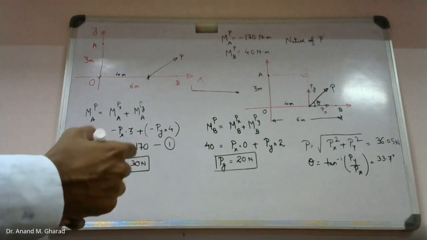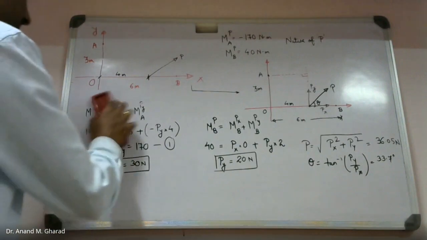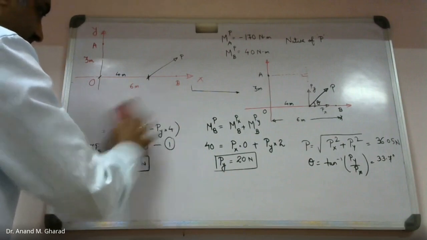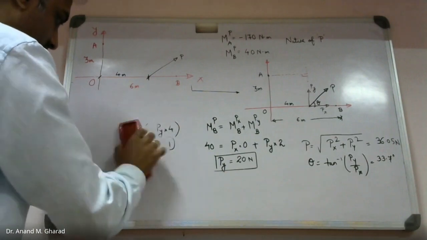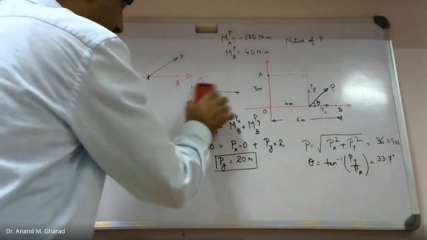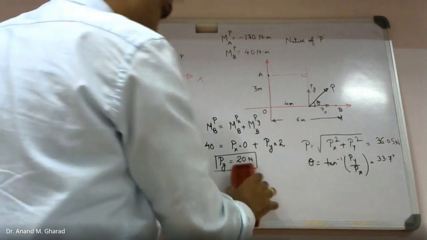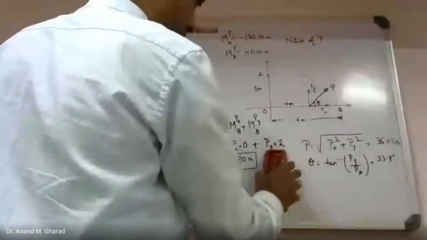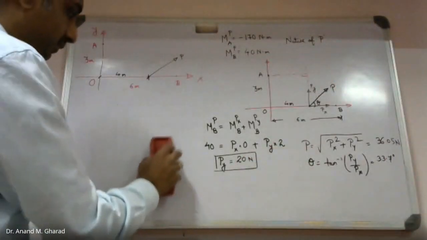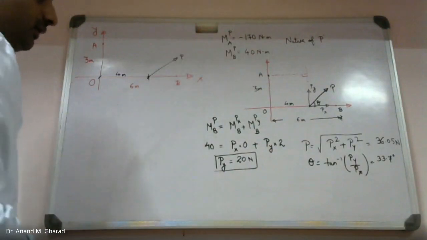Fine. Next is to find out the y-intercept. As I've told you, once you get the value of P, and see over here, everything came out to be positive, that is Px and Py. Because of that, this assumption is correct.